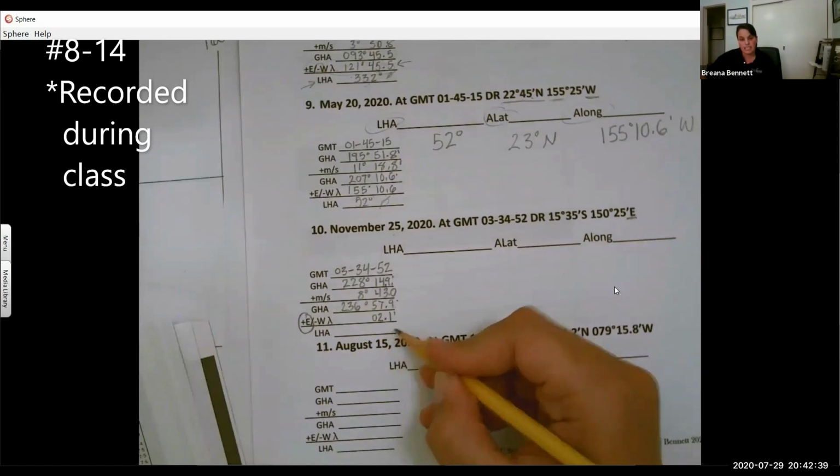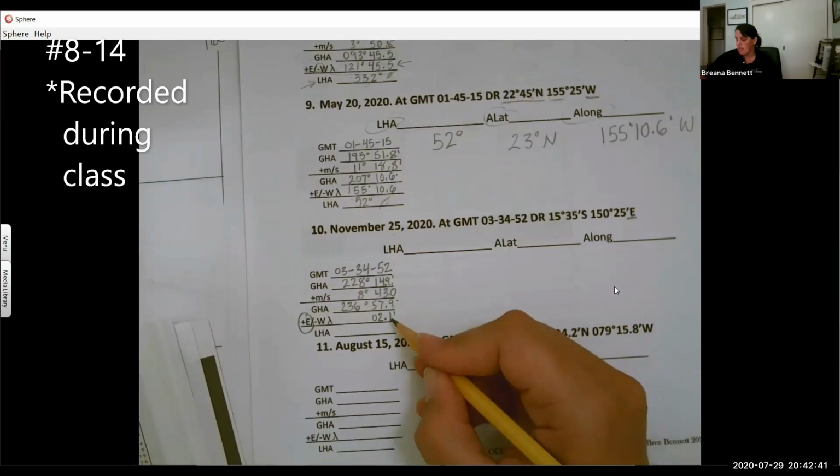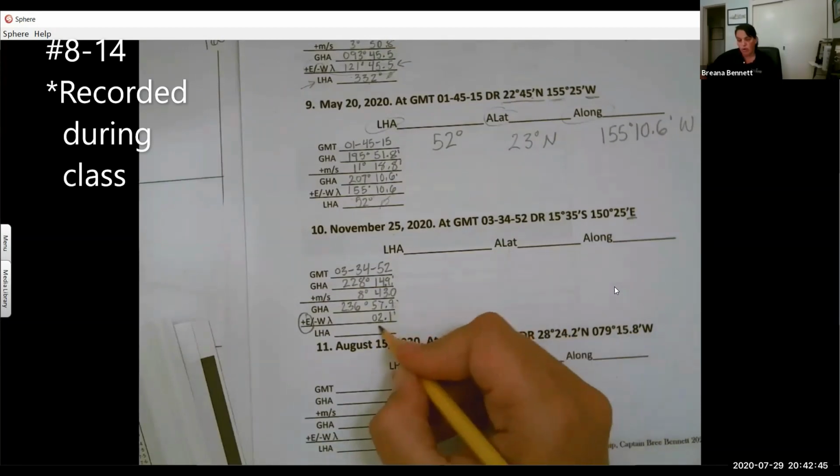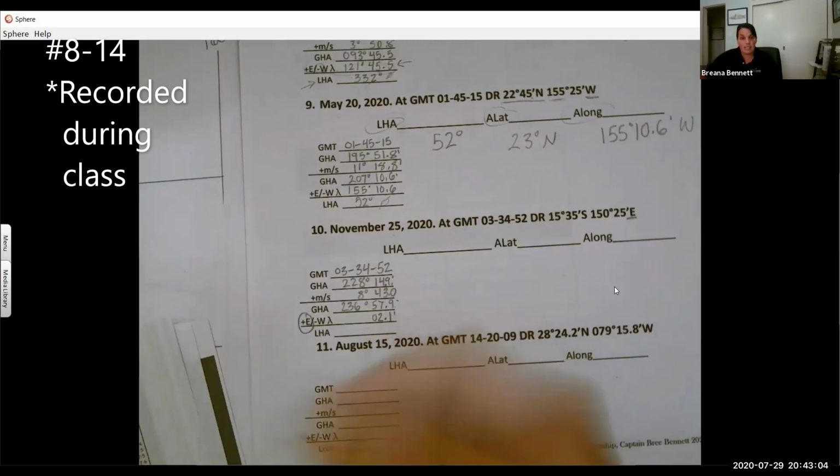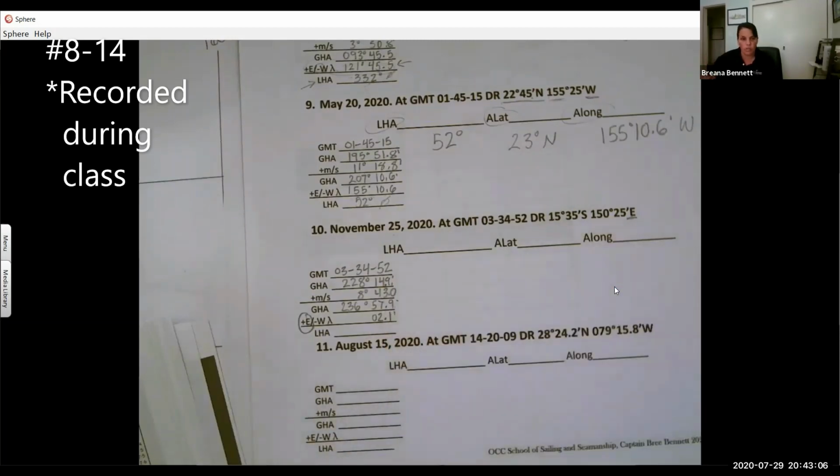It's basically 60 minus 57.9, so now I have a whole degree in LHA because I'm adding. I had 57.9 and I needed to get to the whole degree. So I'm going to add 2.1 and I get to 60, which is a whole degree.